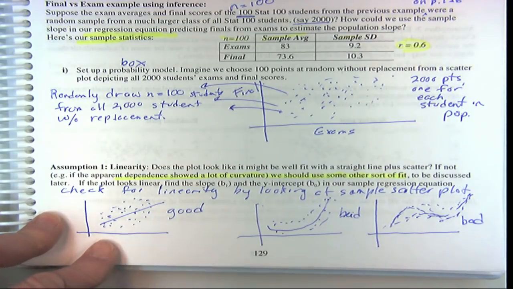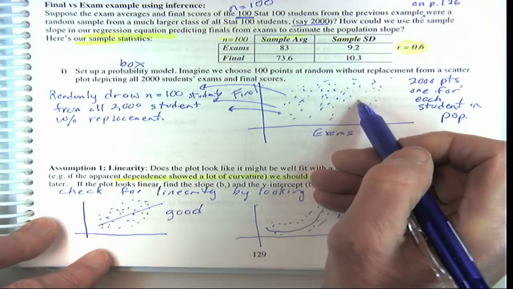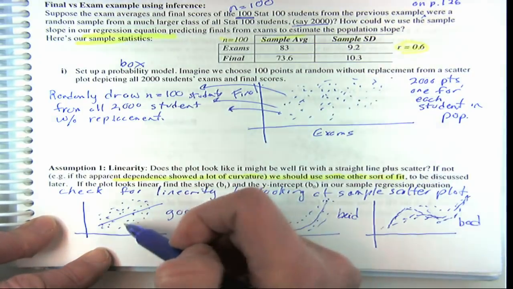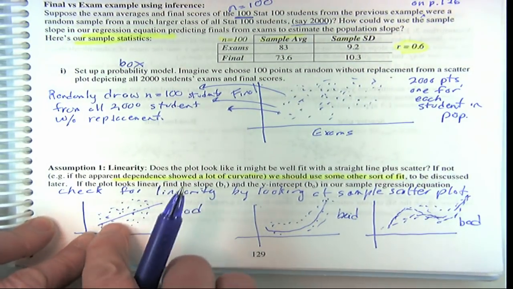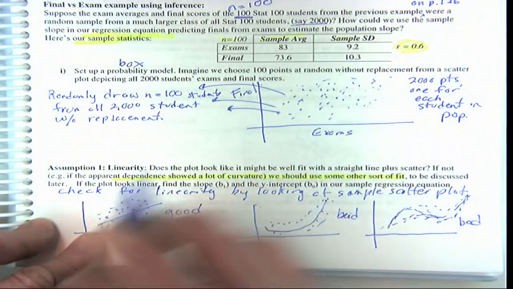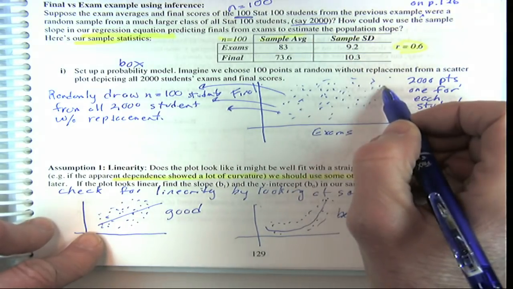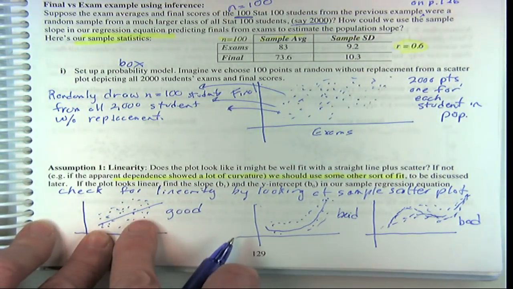So that's good. So then what do we do? If that looks good, well then let's just get the equation. If we take our 100 points from here, we say, hey, let's get the equation for this regression line. That'll be a nice approximation for whatever the true population regression line is. So that's what we're going to do.